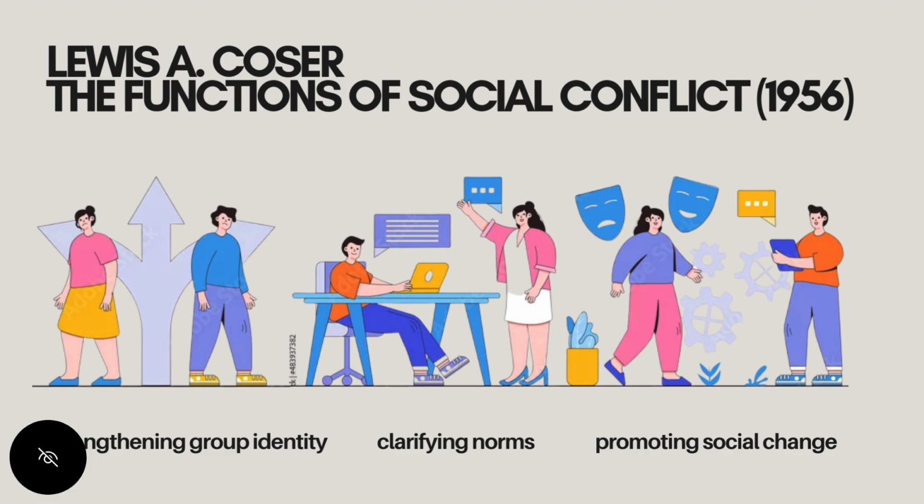He addresses conflict as aiding and clarifying norms and boundaries, and having conflict challenges inequalities and pushes institutions to adapt. All great things that conflict can bring about when it's healthy.